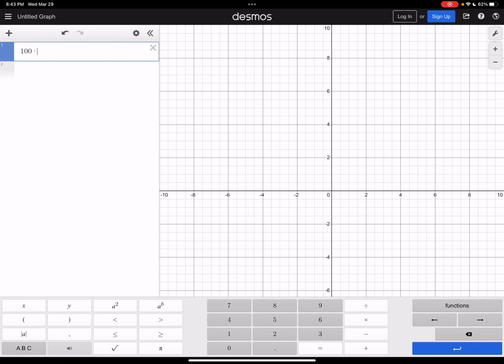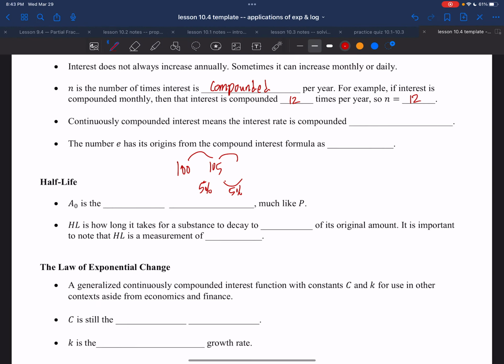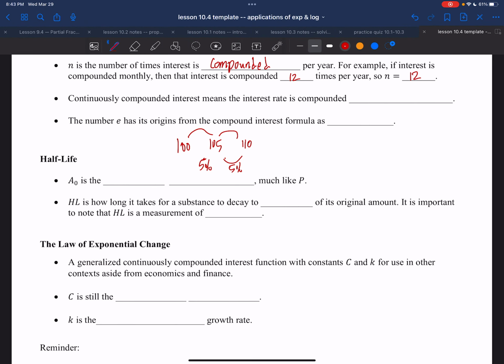Let's say 100 times 1.05, right? I get the 105. Now I multiply by it again. I get 110 and 25 cents, okay? So say 110.25, right? And so compounding monthly means you start to begin earning interest on your interest, right? That is what's happening.